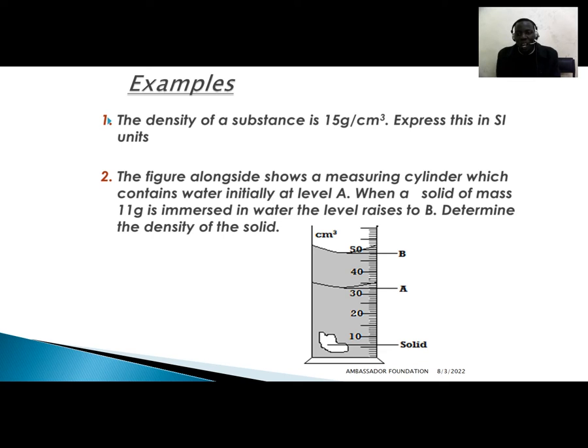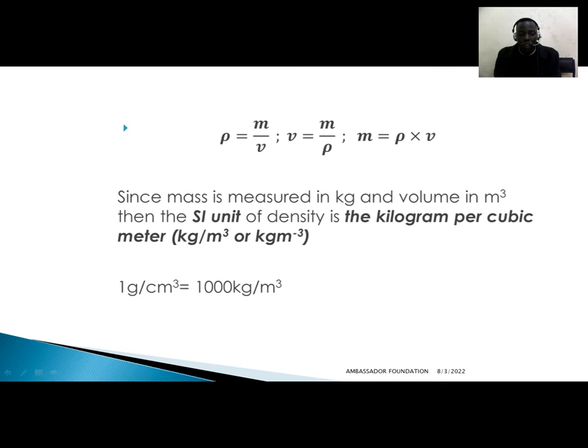You can still go ahead and show that 1 gram per centimeter cubed is the same as 1000 kilogram per meter cubed. How is that possible? Convert 1 gram into kilograms. You will get 0.001 kilogram. Convert 1 centimeter cubed to meters cubed.